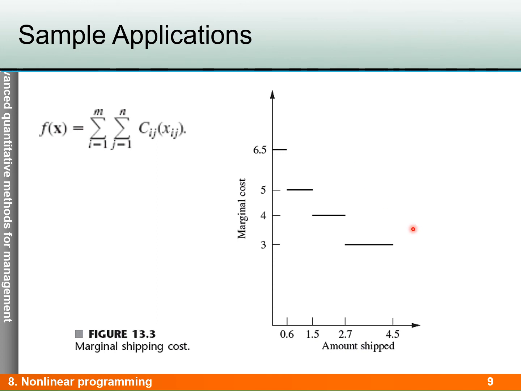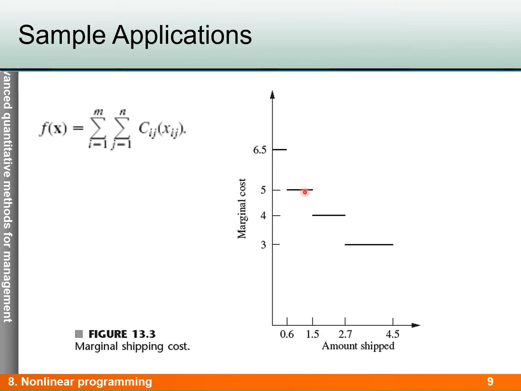In this graph, exactly we are talking about what we had before. As you see in this figure, based on the amount shipped that is moving from 0.6 to 4.5, the cost decreases from 6.5 to 3. If we ship the amount up to 0.6, the price will be 6.5.